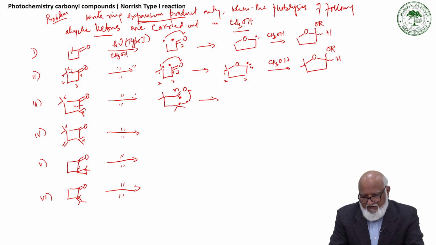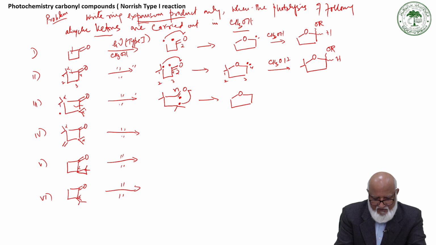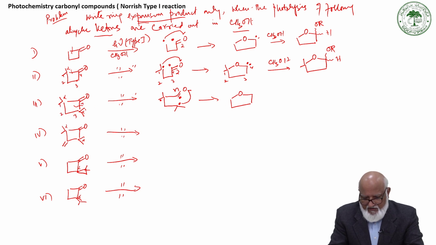Then again oxygen is a part of the ring. So let's number this 1, 2, 3, and 4. That's oxygen, of course.